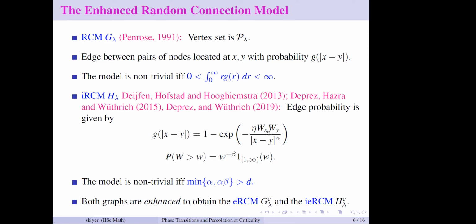There are two parameters which are important here: one is alpha and the other is beta. One can see that if the weights are large, then there are a lot more edges emanating from that vertex. If alpha is large, then you would have shorter edges. And if beta is small, the weights have a lot of fluctuation, with some vertices having very large weights.